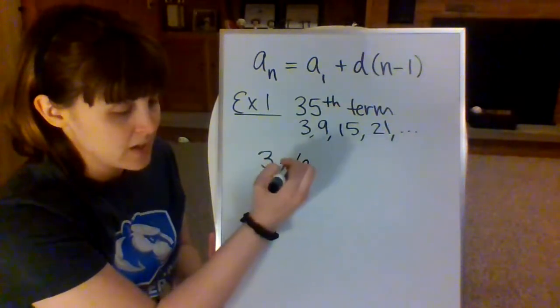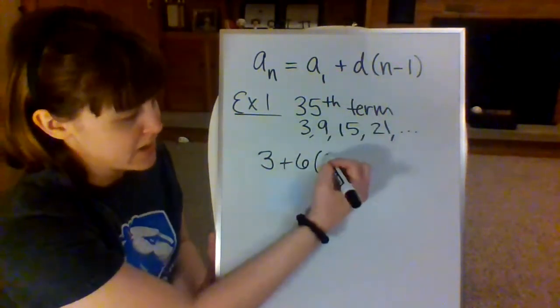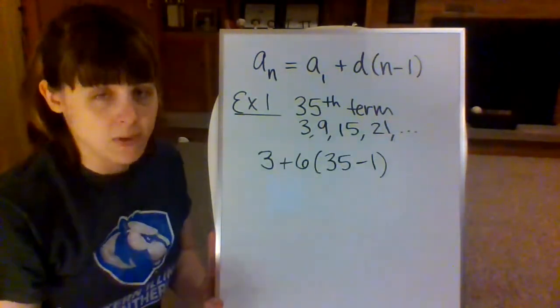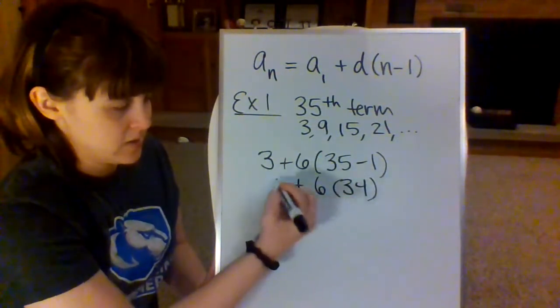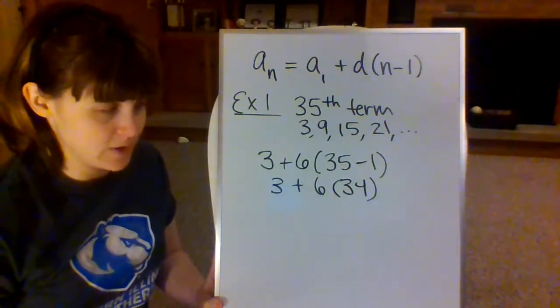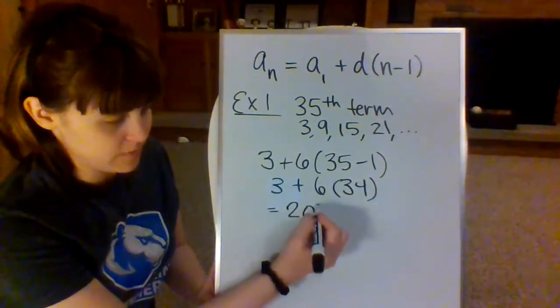So this number's a 6. And then we're looking for the 35th term, so n has to be 35 minus 1. So we have 34 times 6 plus 3. And if you do all that, you should get 207.